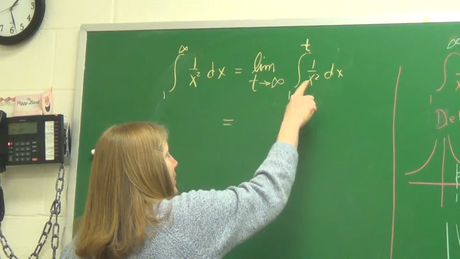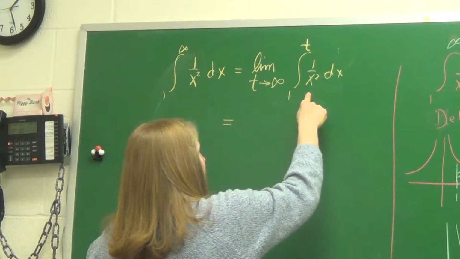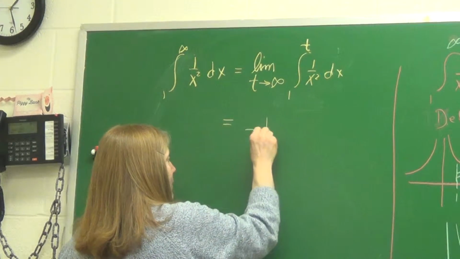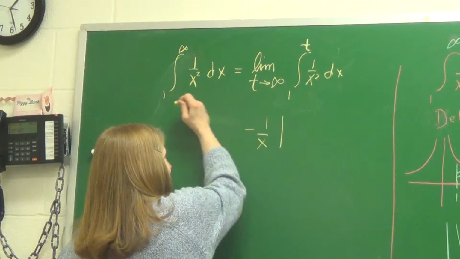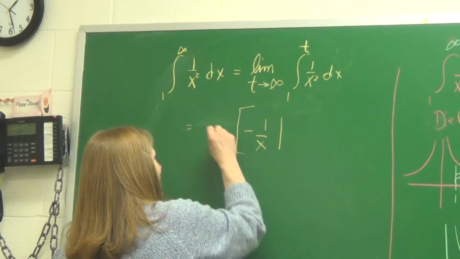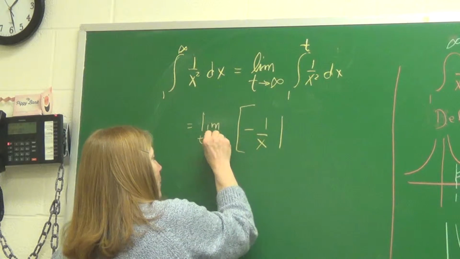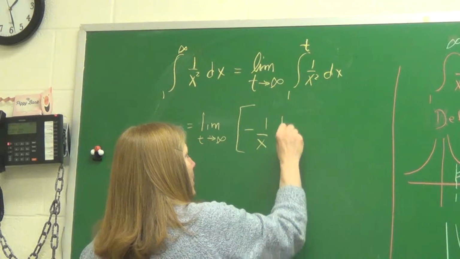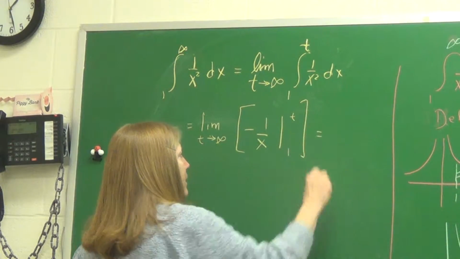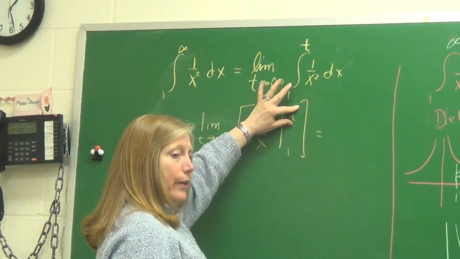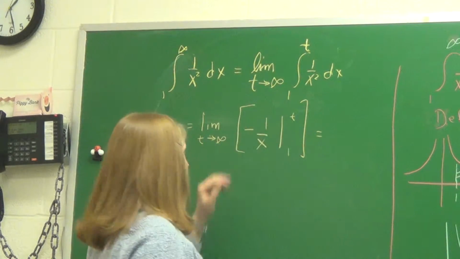All right, so what was the integral again of 1 over x squared? Negative 1 over x. So we don't have to go through that again. So I have the limit as t approaches infinity of negative 1 over x from 1 to t. You plug in the t first into this expression and then the 1.